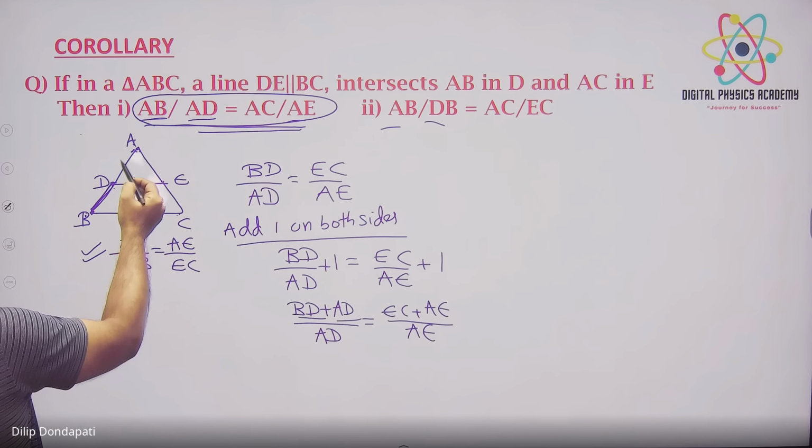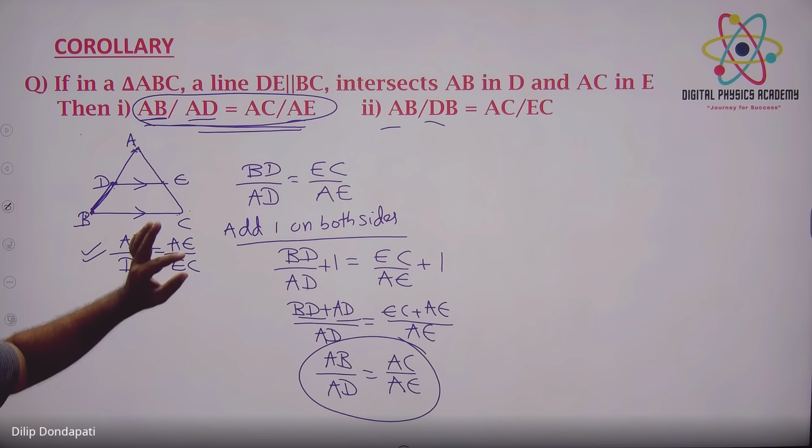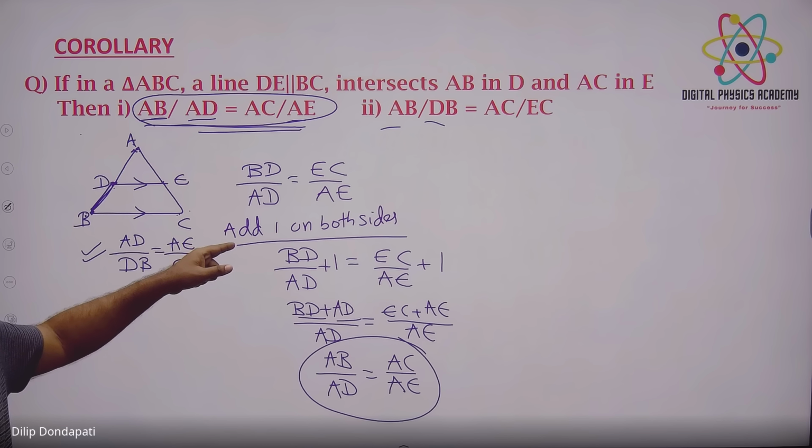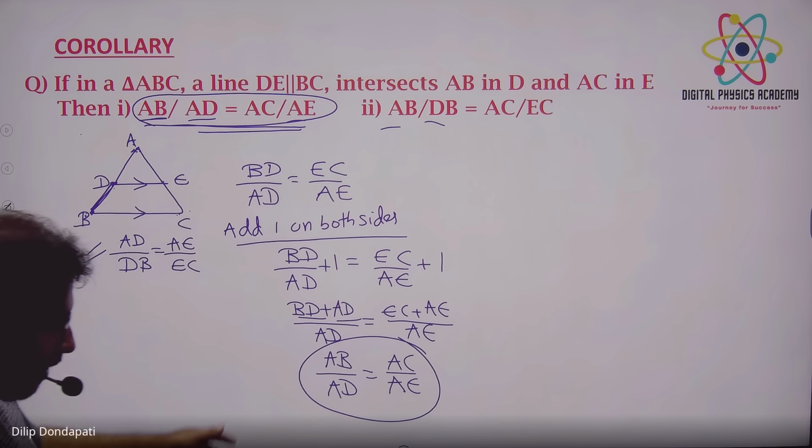BD plus AD is AB. AB by AD is equal to similarly EC plus AE, nothing but AC, AC by AE. Khatam, this is only proof, right? So reciprocal करके 1 add करने का. Okay. Now try this one. Second one try करो.